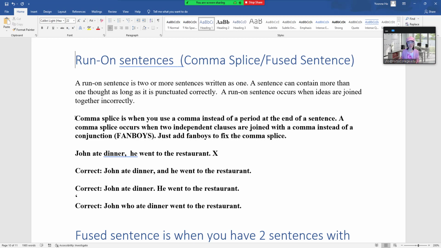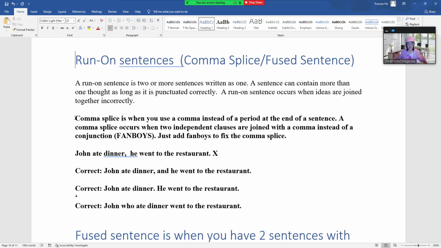A sentence can contain more than one thought as long as it is punctuated correctly. We just did that with "As soon as the alarm clock rings, he jumps out of bed." When the dependent clause is at the beginning of the sentence, you put a comma.